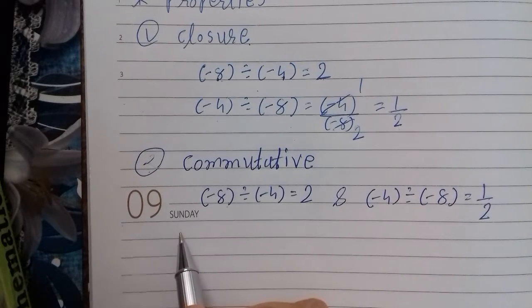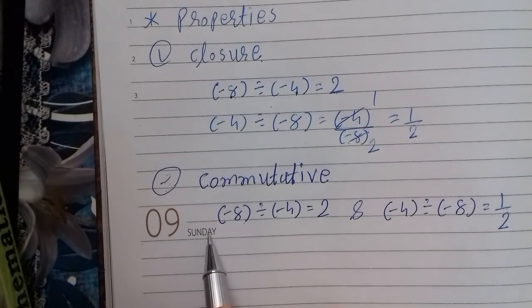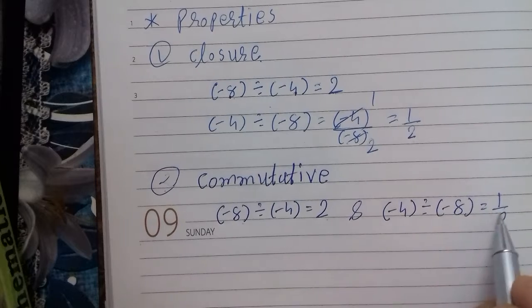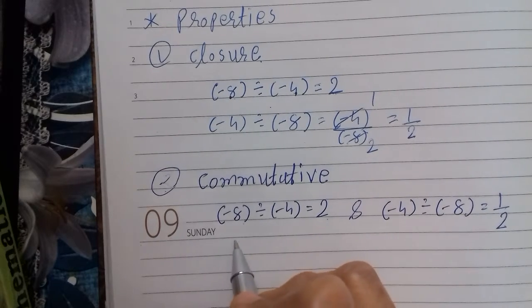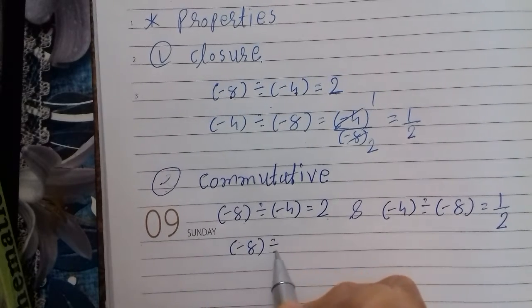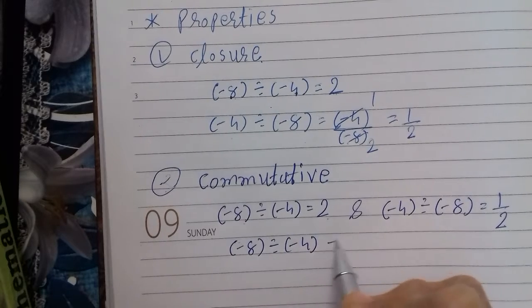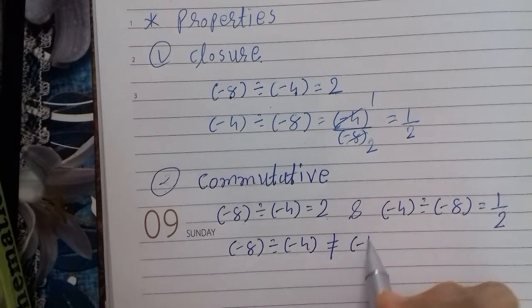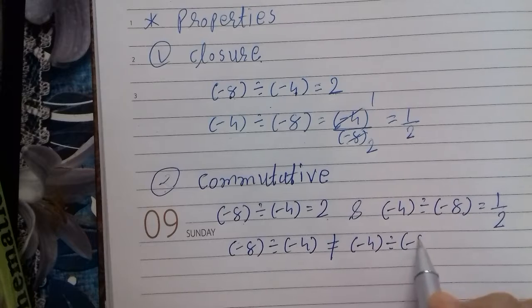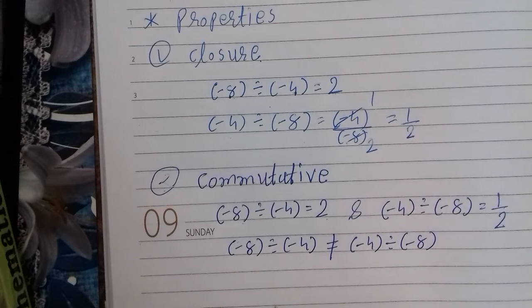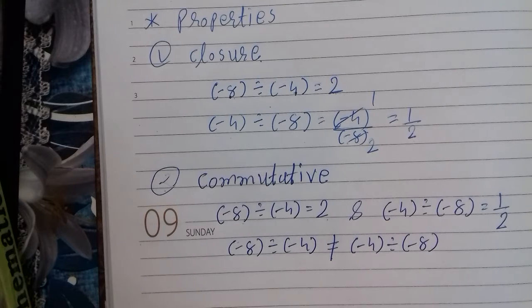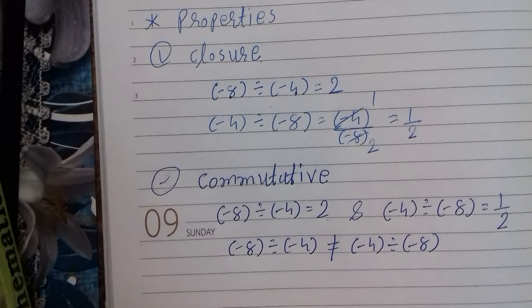Here we can see that the answers are not equal. That means minus 8 divided by minus 4 is not equal to minus 4 divided by minus 8. So we can say that division is not commutative for integers.